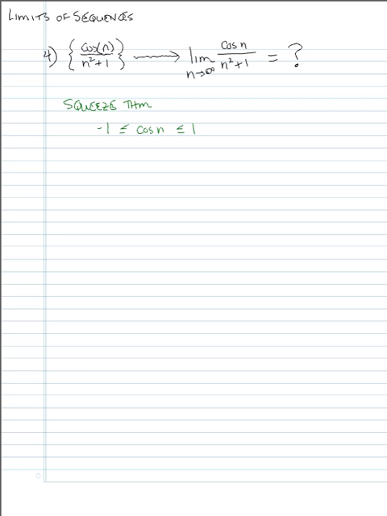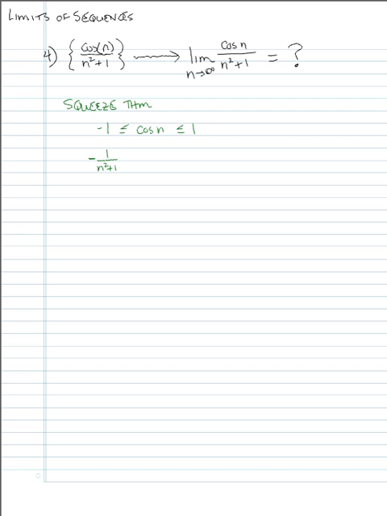Now, to create the term that we have above, we could divide through this inequality by n squared plus 1. By the way, n squared plus 1 is always going to be a positive number, so when we divide inequalities by a positive number, we don't have to change the direction of the inequality.